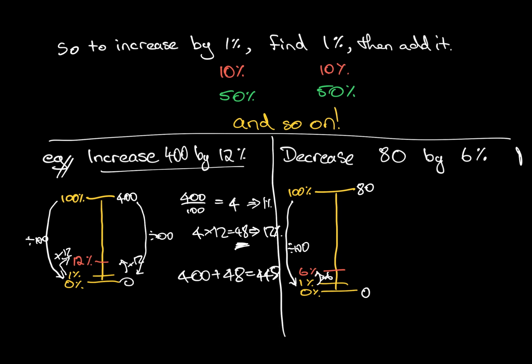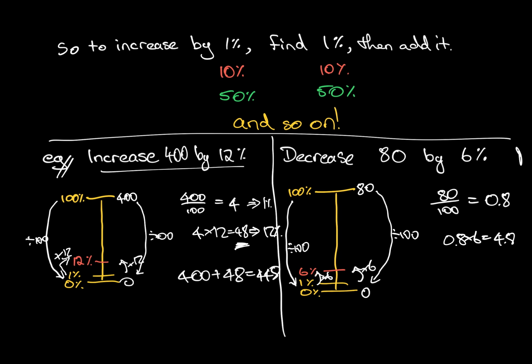So we'll do the same over on the right side of the number line. We want to divide by 100 to get 1% of 80, and then multiply by 6 to get 6% of 80. So we should have 80 divided by 100, which is 0.8, that's our 1%, and then 0.8 times 6, which is 4.8, that'll be our 6% of the total of 80.